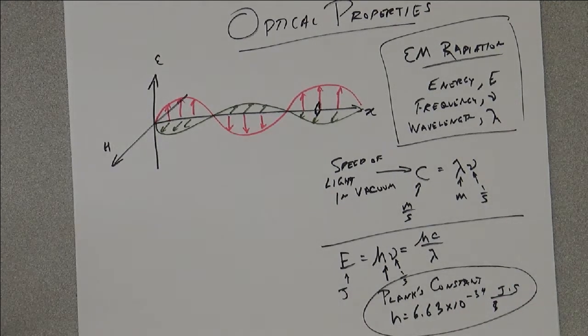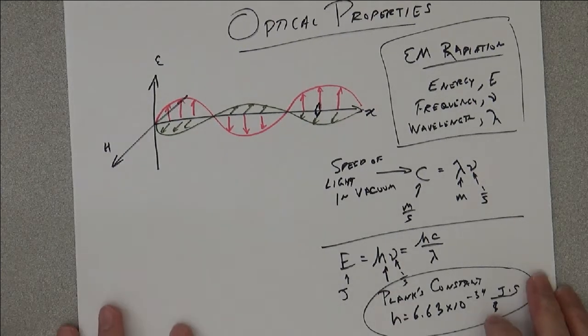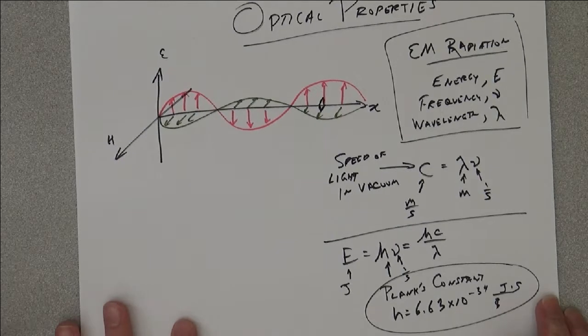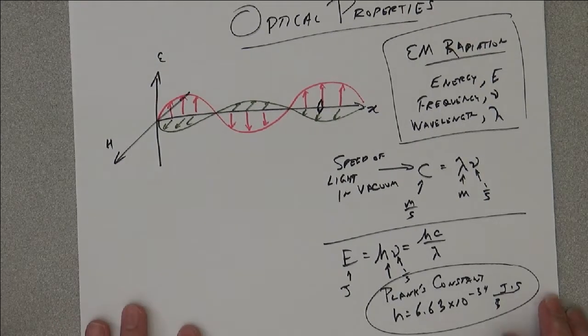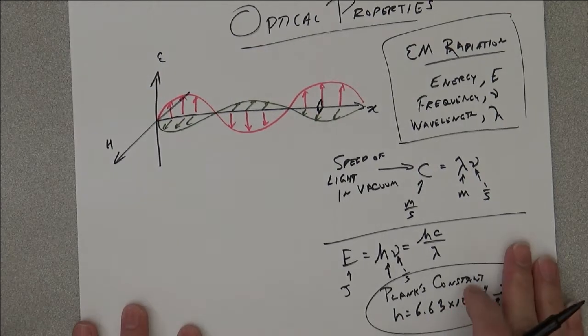is actually something that's very much tied into our understanding of quantization. When quantum mechanics was first being discovered in the early 1900s, this Planck's constant showed up repeatedly as properties became quantized.